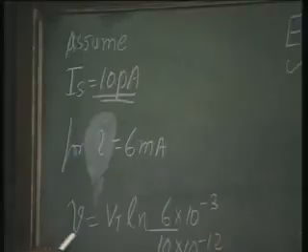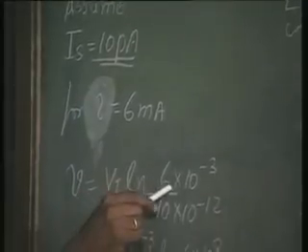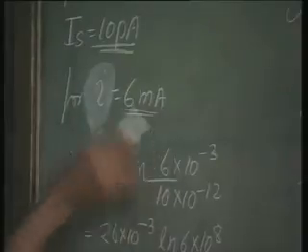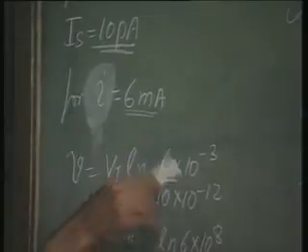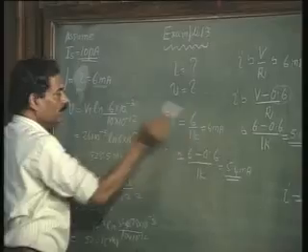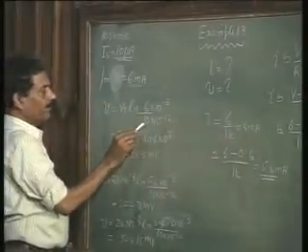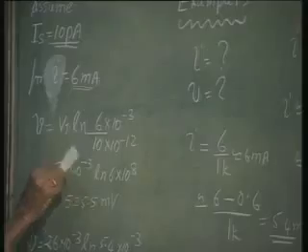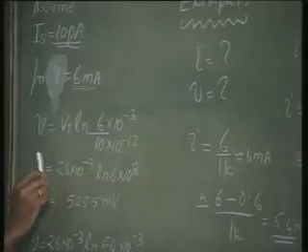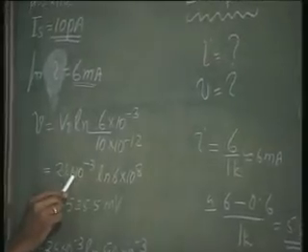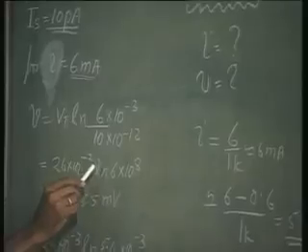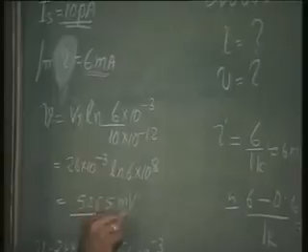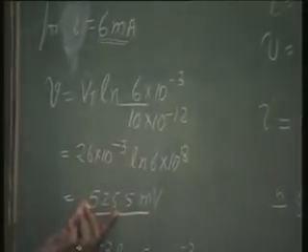So, V is equal to Vt log of 6 into 10 to the power minus 3, 6 being the operating current, assuming that it is operating at 6 milliamperes, which is the first approximation, divided by 10 picoamperes. Vt we know is kT over q, which is assumed to be 26 millivolts at room temperature. This we know earlier. Log of 6 into 10 to the power 8 comes out to be 525.5 millivolts.